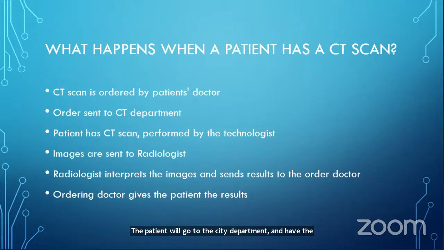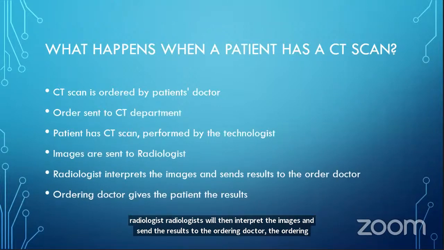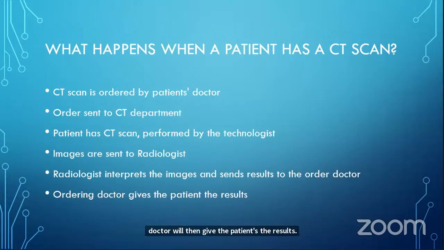It usually happens in less than 20 minutes from the time that they arrive to the time that they leave. We can do a head CT scan even faster than that. After the scan is done, the images are sent to the radiologist. The radiologist will then interpret the images and send the results to the ordering doctor. The ordering doctor will then give the patients the results. And so that's basically what happens when you have a CT scan.